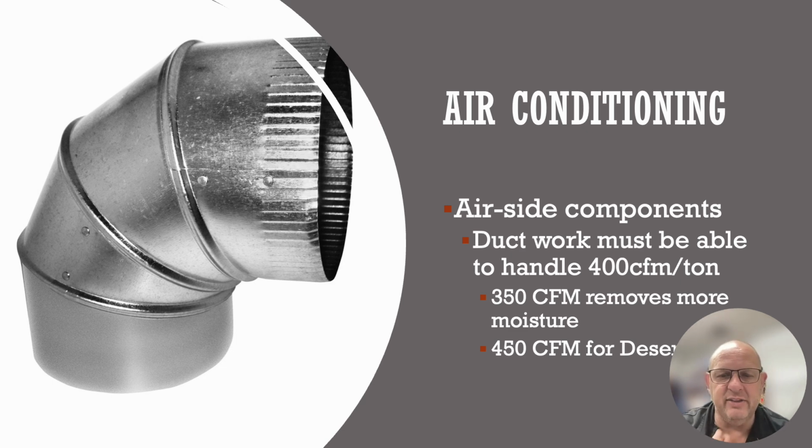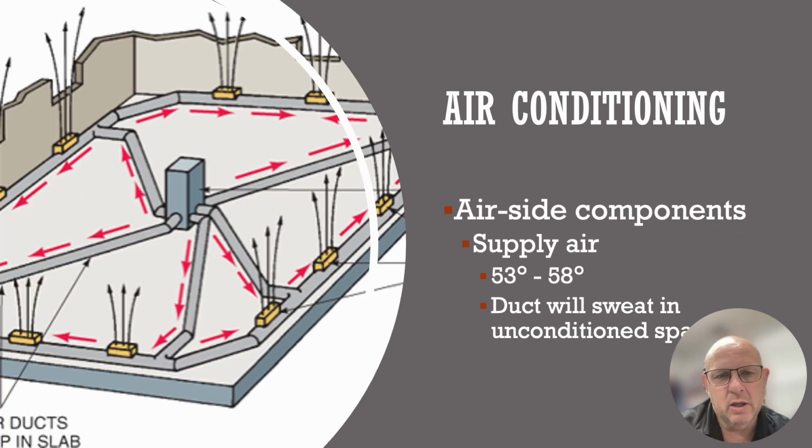And then in the desert area, we want to speed that fan up. So we're looking at 450 CFM per ton of refrigeration for deserts. So in different climates, you will want different airflow across that evaporator coil. We'll end up moving the air either slower or faster, depending on the environment that we are in.